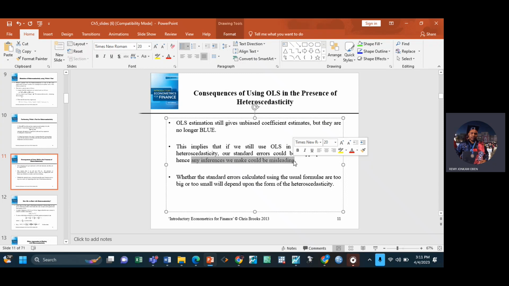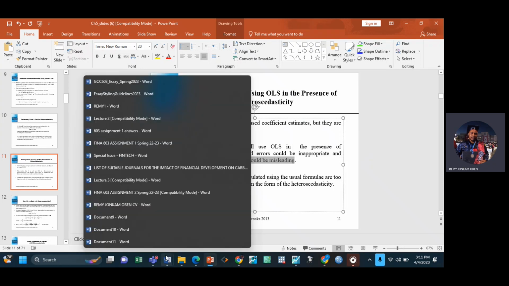So basically, our standard errors and disturbances are not the best. Then we would be using, let's say, one with a high variance. That can lead to a conclusion that we shouldn't have reached. Okay. The model is not correct. You should change our model.